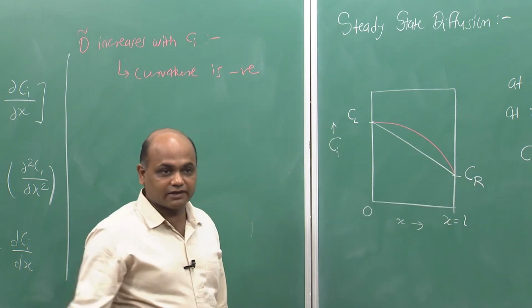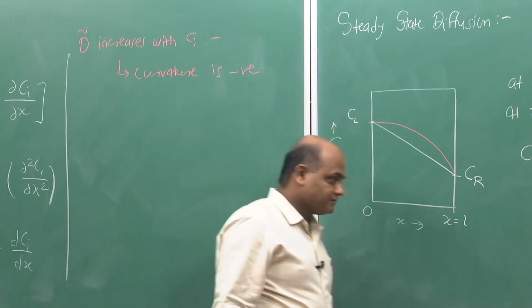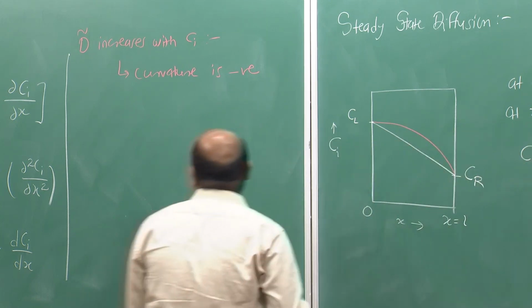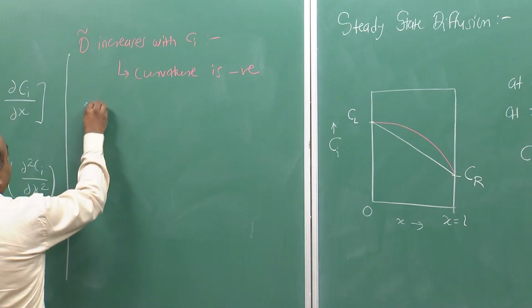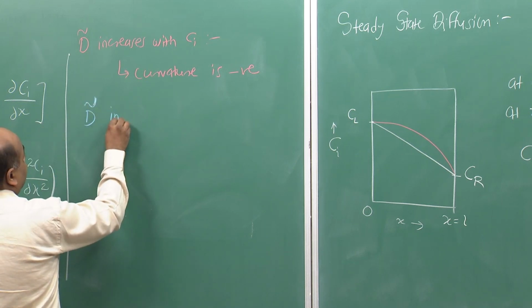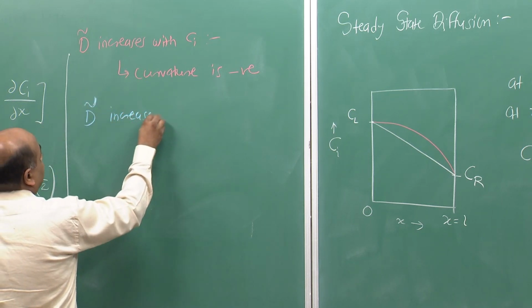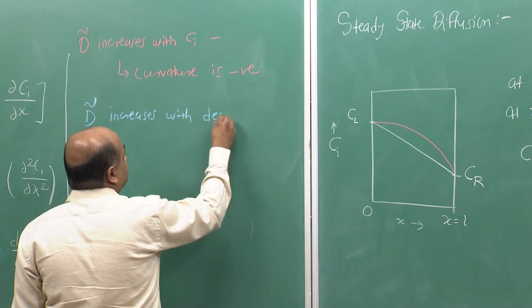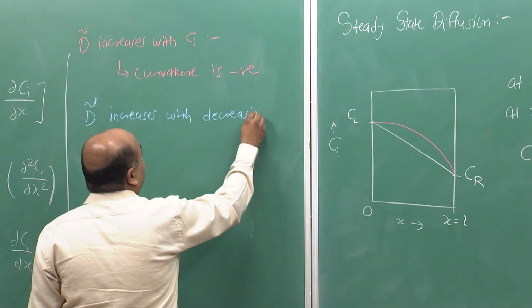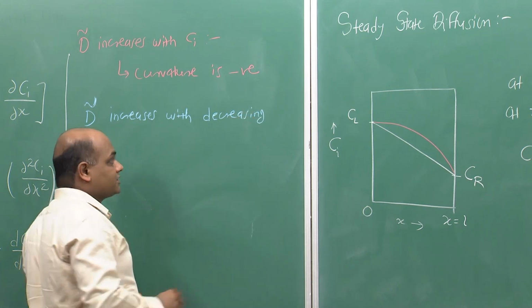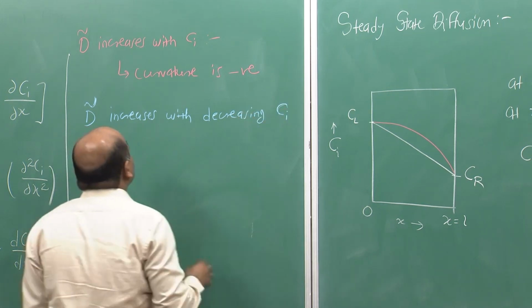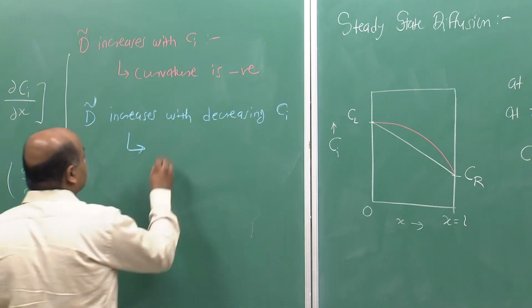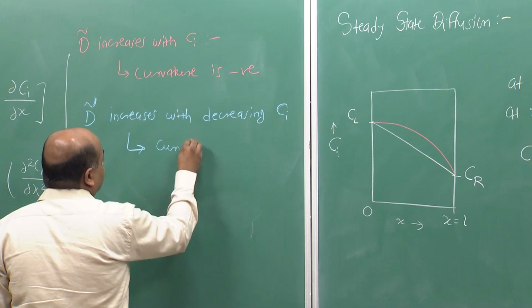We will have a negative curvature. Oppositely, if d tilde decreases with increasing Ci, then the profile will develop positive curvature.